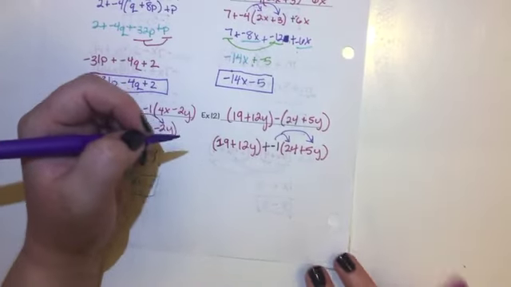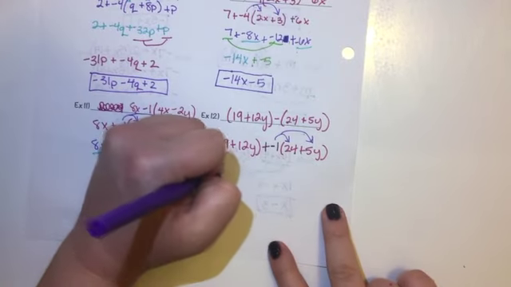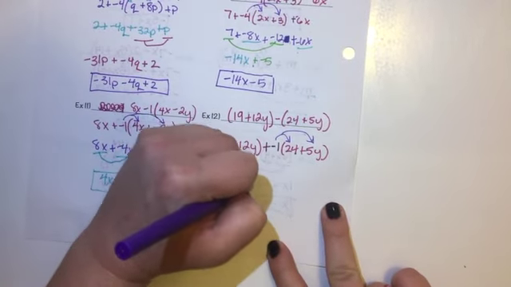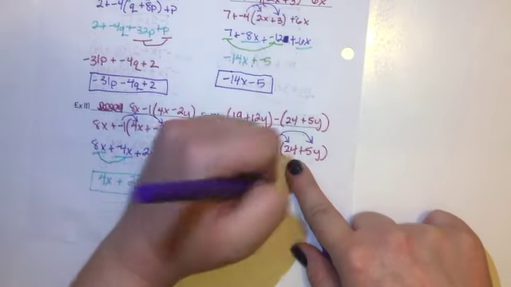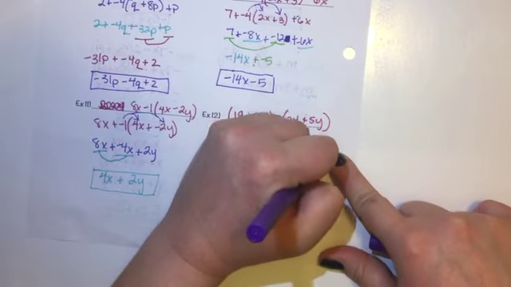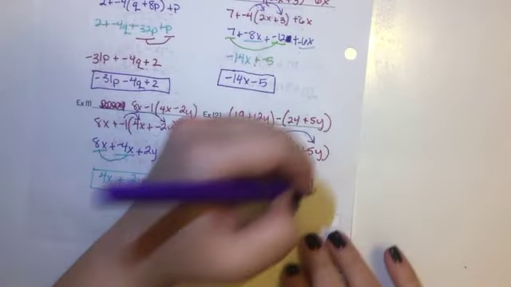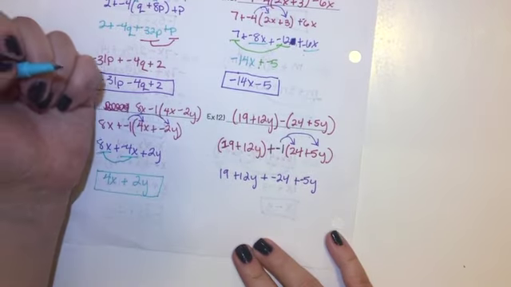So now once I distribute, I can get rid of parentheses. So now I'm left with 19 plus 12y plus negative 24 plus negative 5y. And I can go ahead and combine like terms.